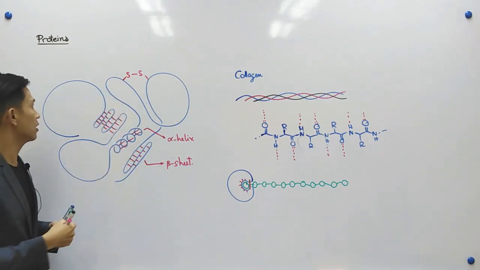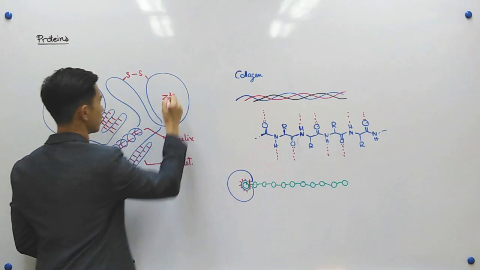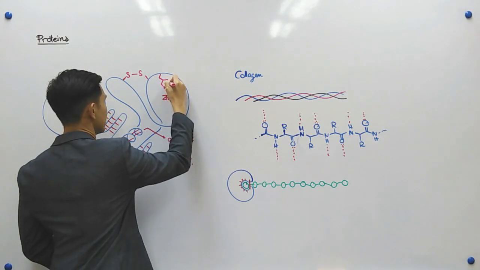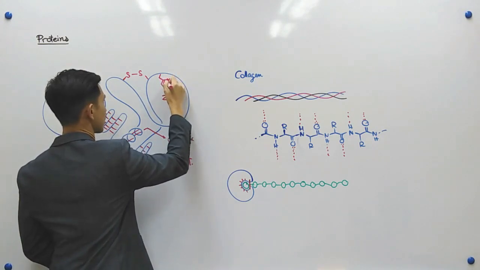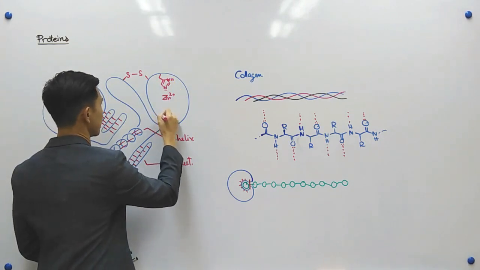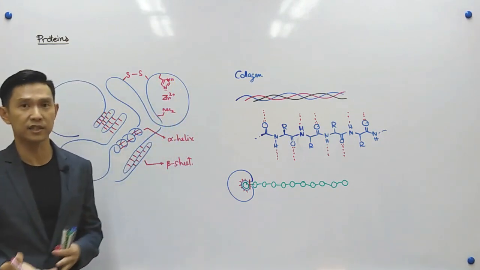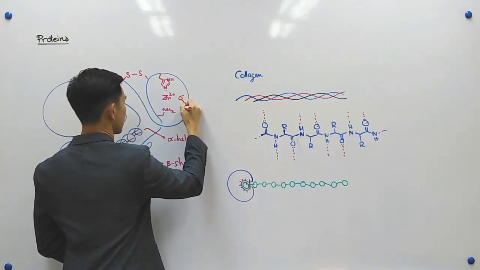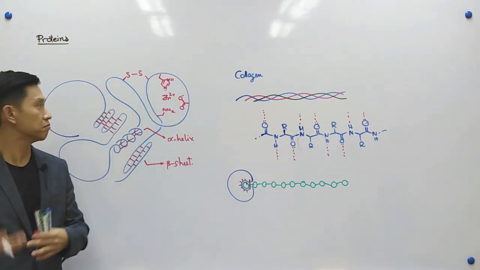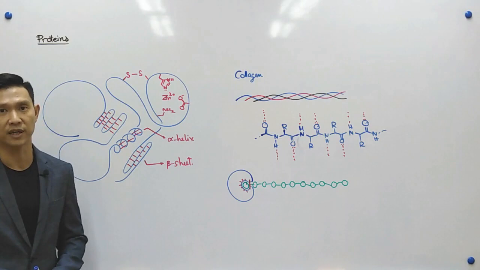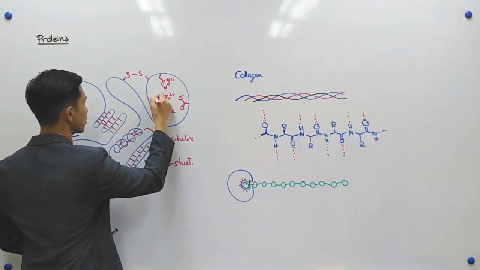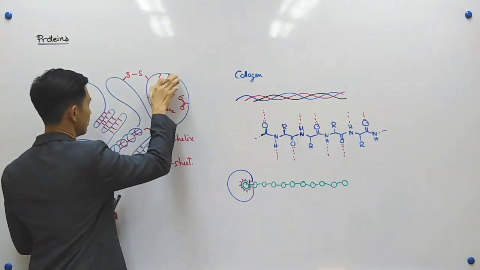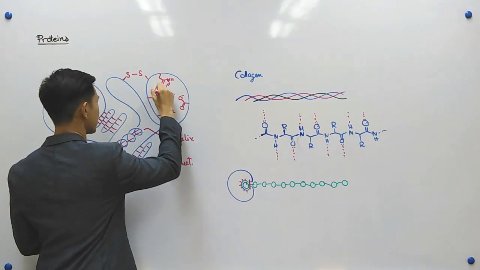Or sometimes if you have zinc, and your protein contains a histidine unit, or an amino group from a lysine unit, or a carboxylate group from an aspartic side chain, or sulfur from methionine, for example.